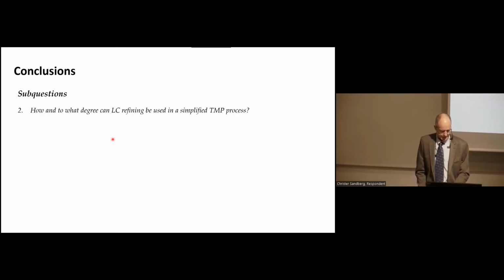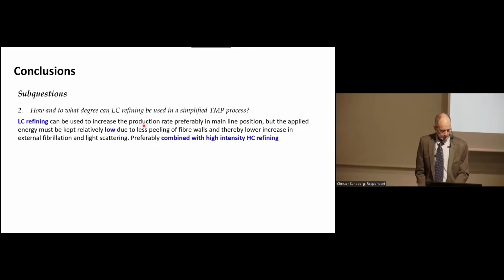How much LC refining can we use? Well, obviously, there are limitations. Mainly, I would say that low consistency refining can contribute to increase the production rate in a TMP line. Especially if you have high intensity refining, as I showed, there is not much difference in efficiency.